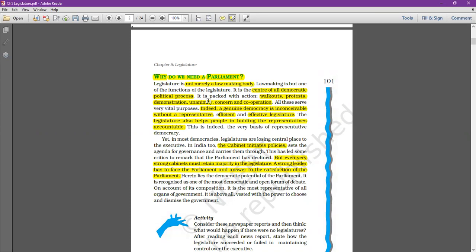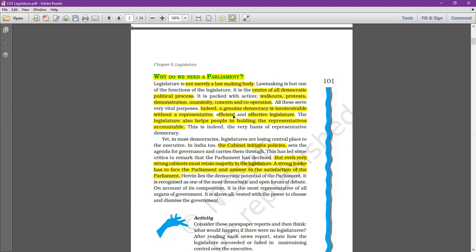So why do we need parliament? We need parliament for all these things. Absolutely, the first main function of the parliament is lawmaking. But apart from lawmaking, the legislature has all these other functions also. The legislature is the center of all democratic political process. Now, all these serve very vital purposes.